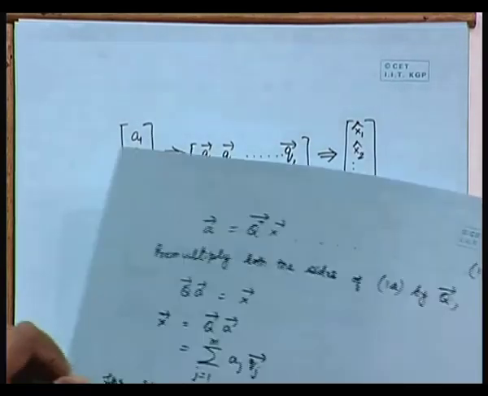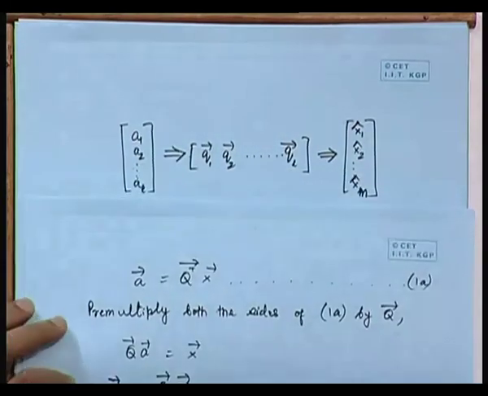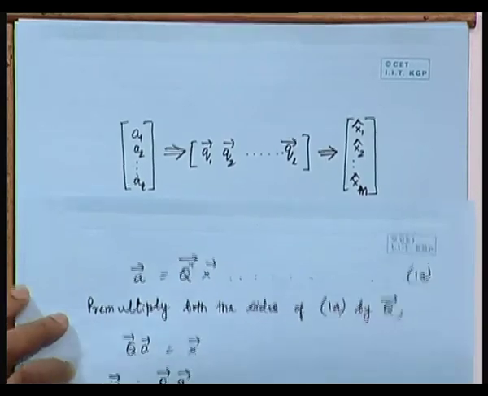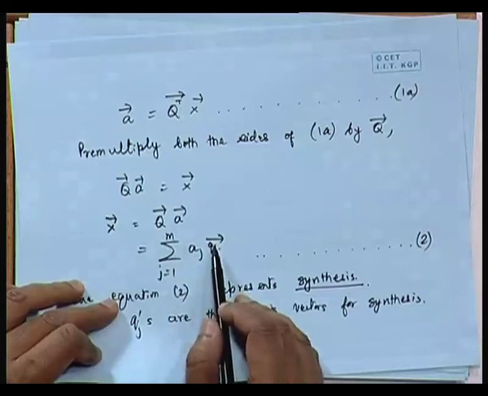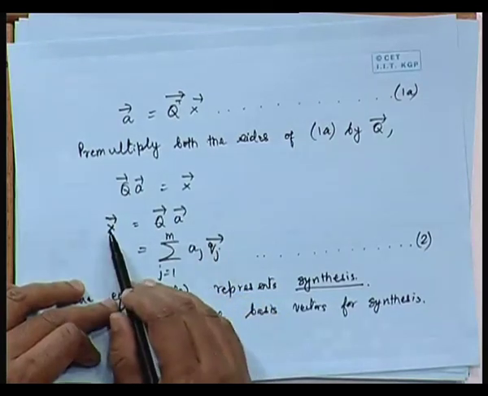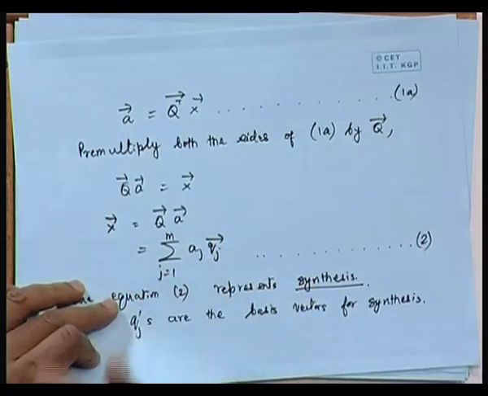We have all these AJ, QJs, only we are summing up J equal to 1 to L here. But this leads to an X vector, not an exact X vector but an approximated X vector, and the dimension of the X vector will be preserved.